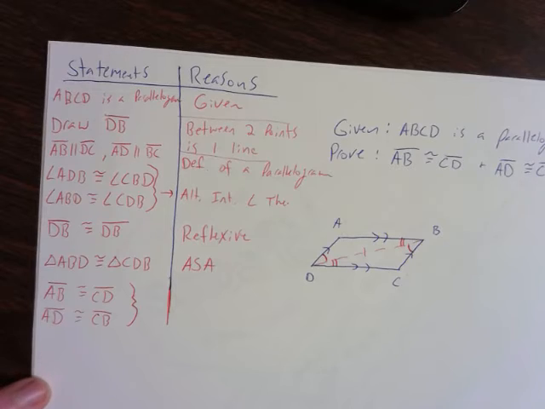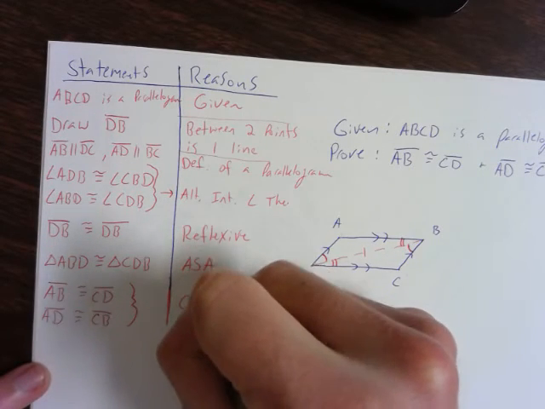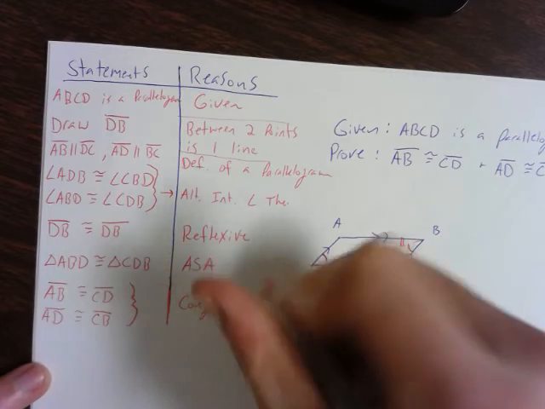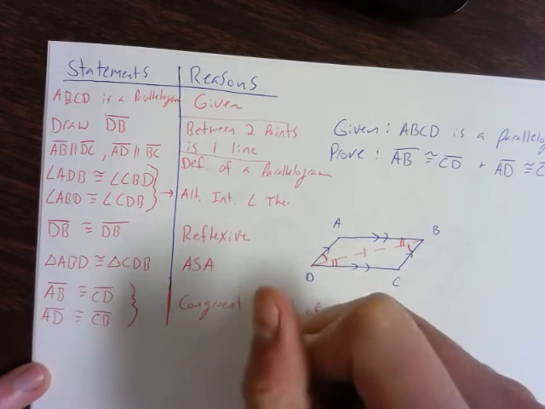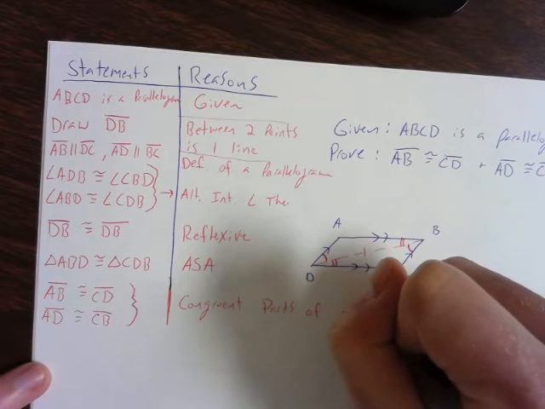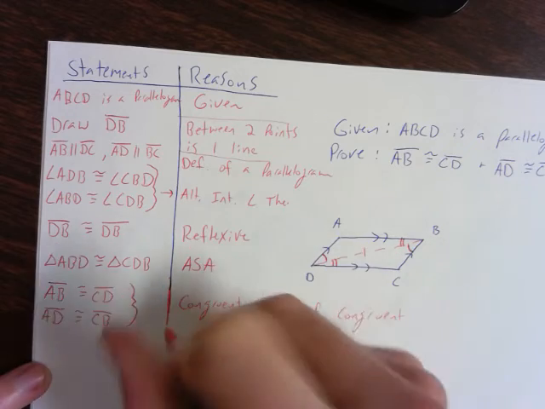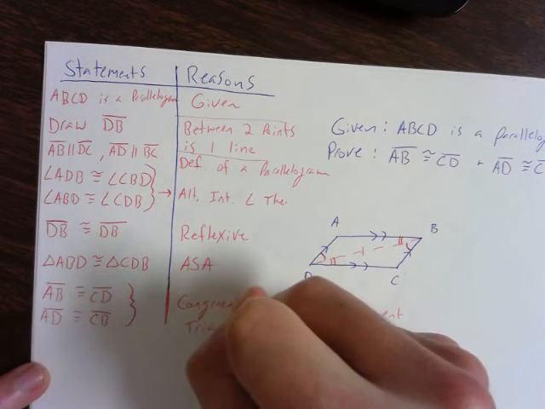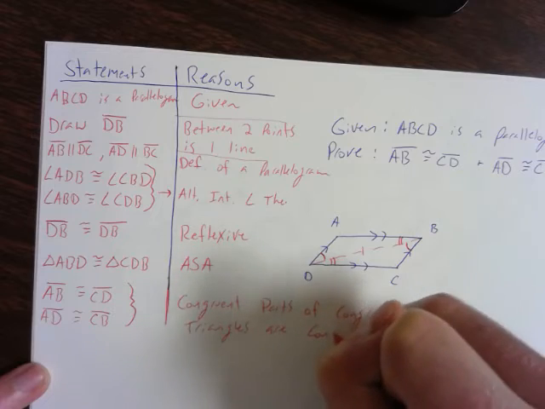Okay, and I can prove this by what's called congruent parts of congruent triangles are congruent.